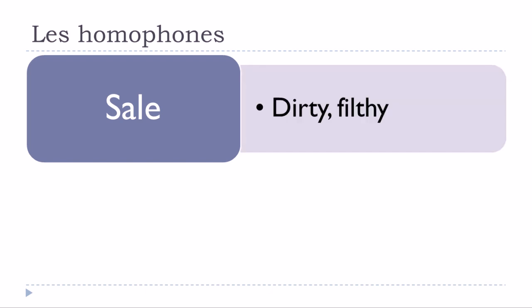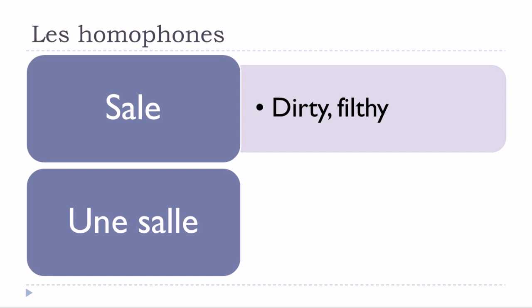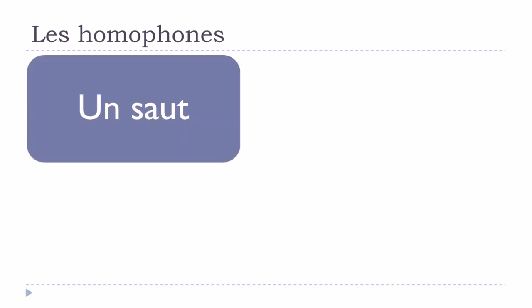Salle. Une salle. Okay, so even if you get the double L here, it will still be the same pronunciation as this one. So sale, une salle. In that case, here it's an adjective. Un seau.